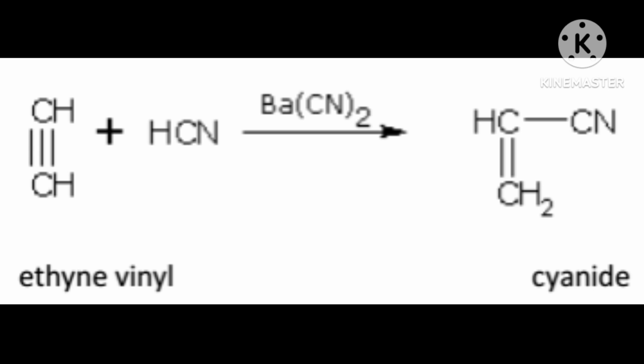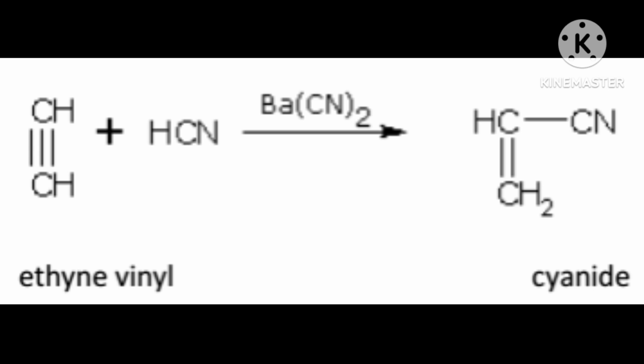Like alkanes and alkenes, alkynes are also immiscible with water and do not react with water. However, one molecule of water adds to alkynes. In alkynes, this reaction will take place.